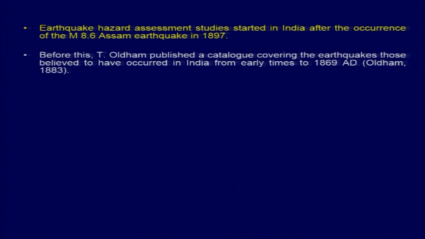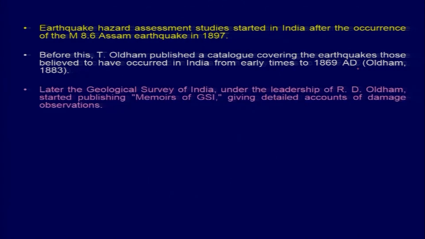Before this, Oldham published a catalogue covering the earthquakes believed to have occurred in India from early times to 1869 AD. Later, the Geological Survey of India, again under the leadership of R.D. Oldham, started publishing memoirs of GSI, giving detailed accounts of damage observations.